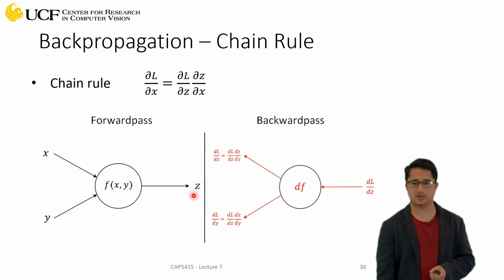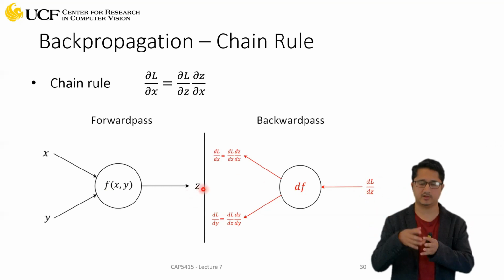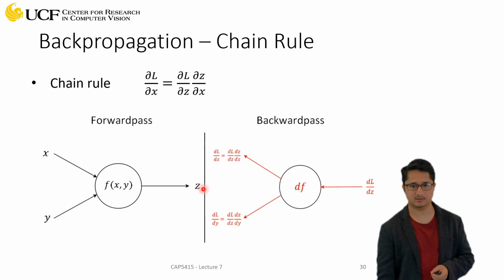Okay, so now if this Z is being used to compute the loss function, then what you can do is first compute the derivative of the loss function with respect to Z, which is easy because this Z will be used in the loss formulation, right? You can just use derivative equations to compute that partial derivative.